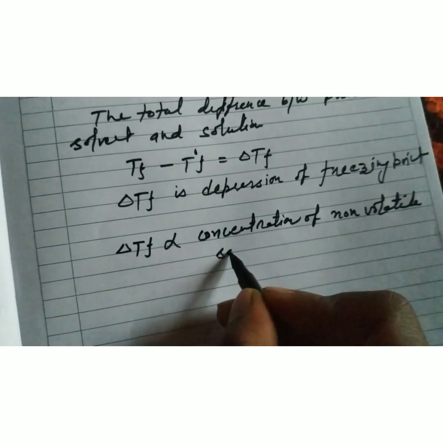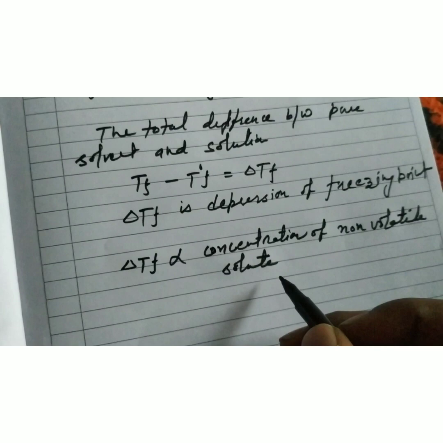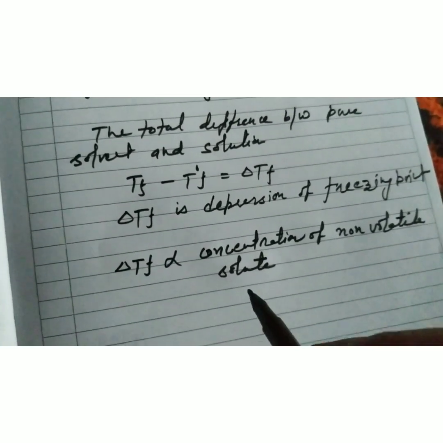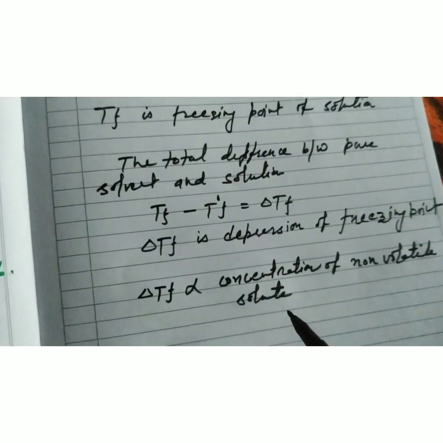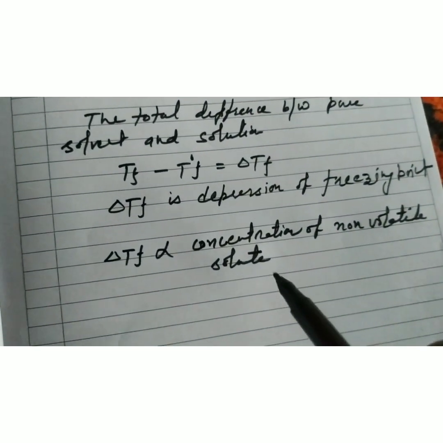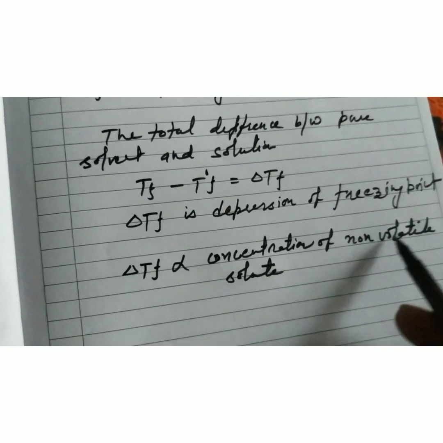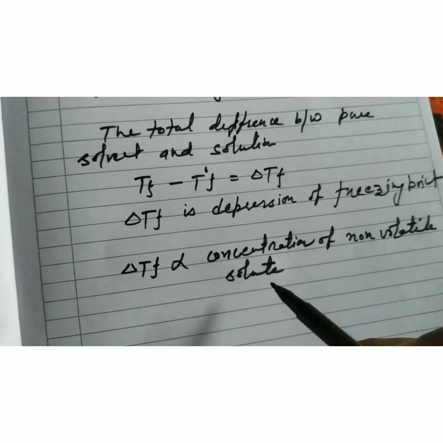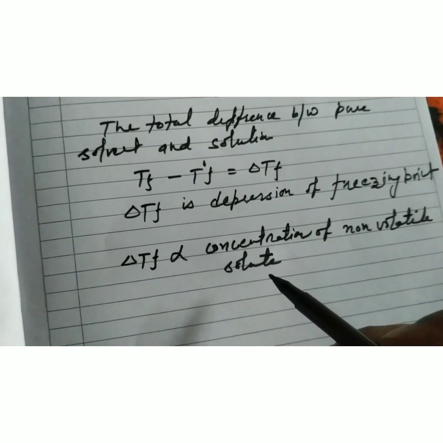Why non-volatile solute only? Because in a pure solvent, after mixing the non-volatile solute, the vapor pressure will decrease. We have already discussed, clear. As the concentration of non-volatile solute increases, the depression of vapor pressure will increase, clear.